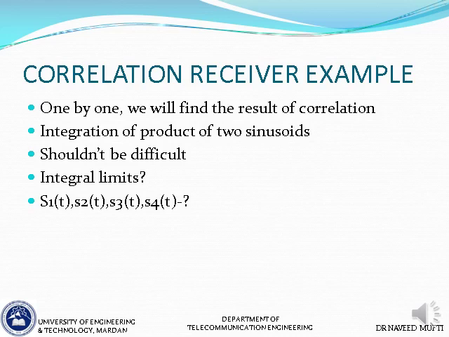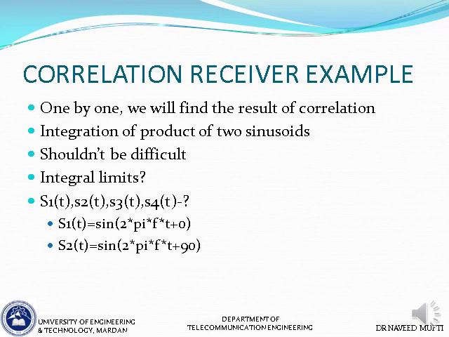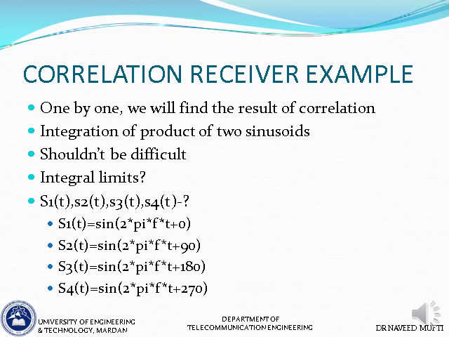Based on that, you can well imagine the mathematical expressions of s1 of t, s2 of t, s3 of t and s4 of t. s1 of t will have a form which looks like this with a phase of 0 degrees. s2 of t will have a form that looks like this with a phase of 90 degrees. s3 with a phase of 180 degrees and s4 with a phase of 270 degrees.